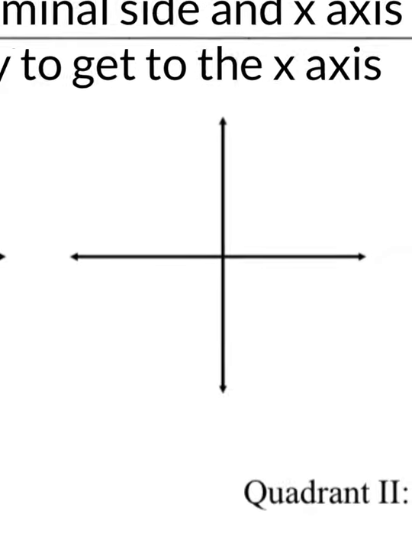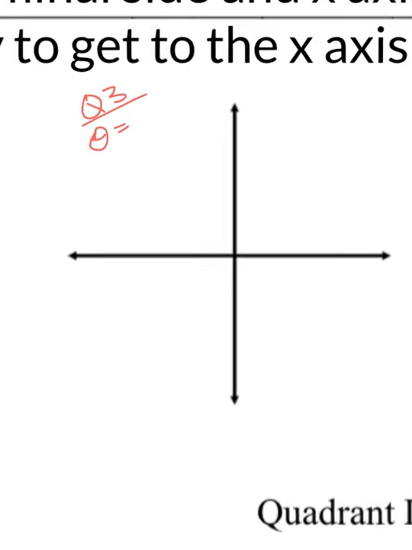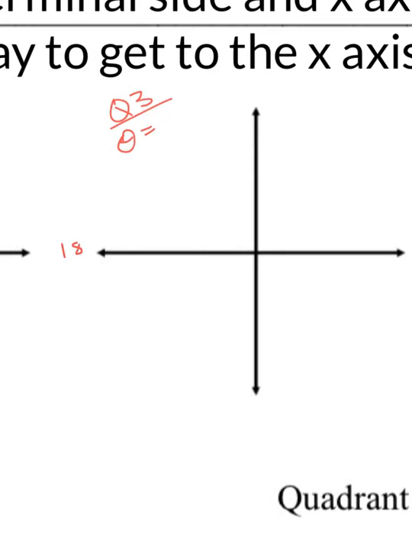Quadrant 3. Quadrant 3, we'll say, is between 180 and 270. Usually, not always, right? Because, again, we have all these coterminal angles, and you have negative angles and everything. Let's say that theta is, we'll go with 225. Okay, so 225 is actually right smack in the middle of the two of them.